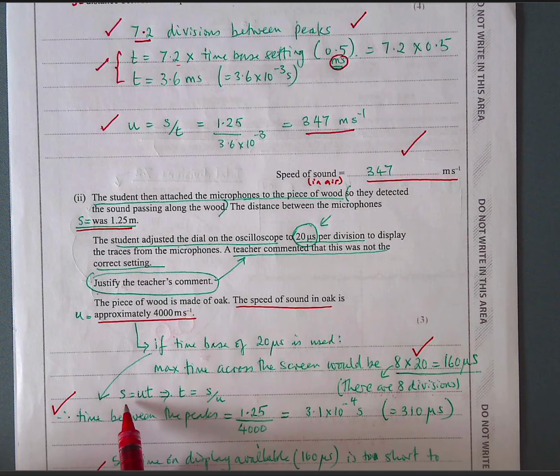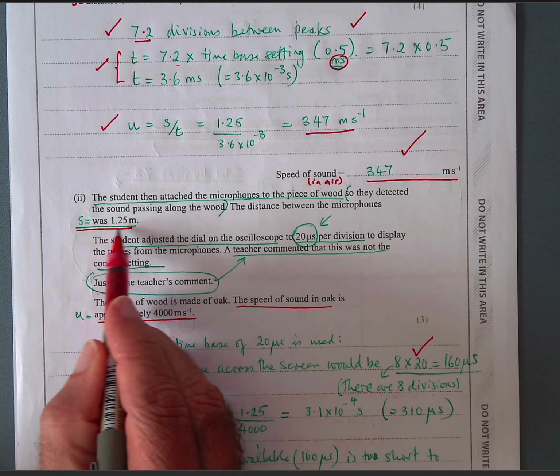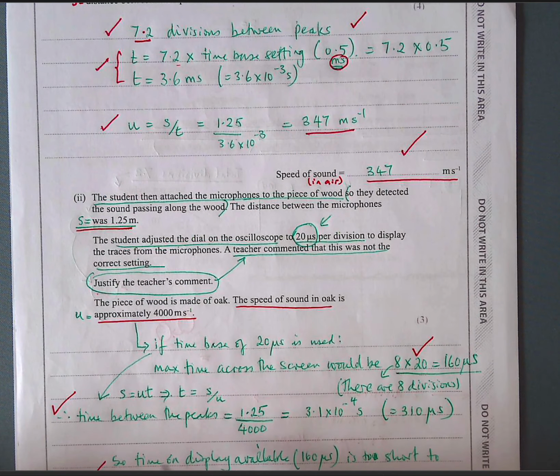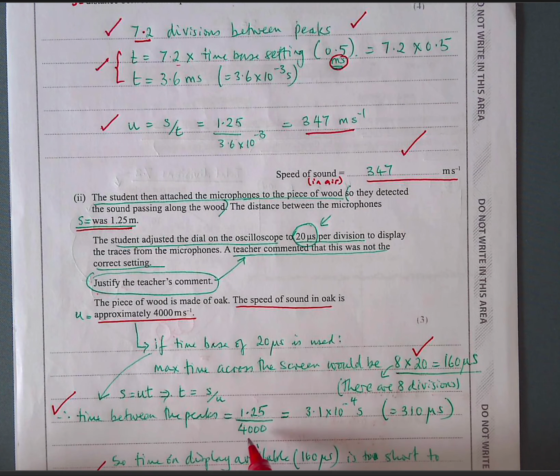And since we know that s equals ut, or t is s over u, remember that s hasn't changed. The microphones are still placed 1.25 meters apart. And this time the speed of sound is the speed of sound in oak, which is given as 4,000 meters per second.